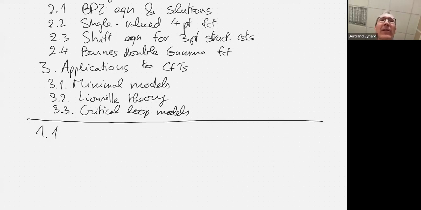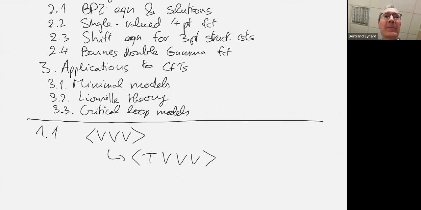So how do we solve CFT using degenerate fields? Well, in fact, it's about the same as exploiting conformal symmetry. So if you want to use conformal symmetry to constrain some 3-point function, let me call it VVV, then you consider an auxiliary 4-point function, TVVV, where you insert, in addition to your fields, T, which is the energy momentum tensor.